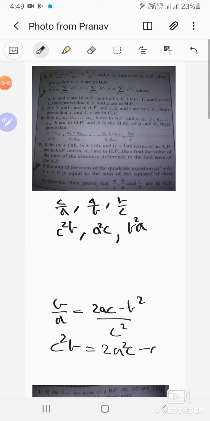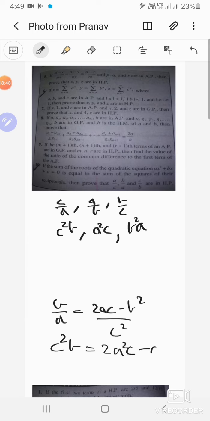That can be written as x plus z upon xz, but x plus z is 2 and xz is 4. So yes, this is completely correct. These are in HP, though we did not find what those real numbers actually were. Maybe there are no real numbers such that these equations are satisfied at the same time, but whatever.